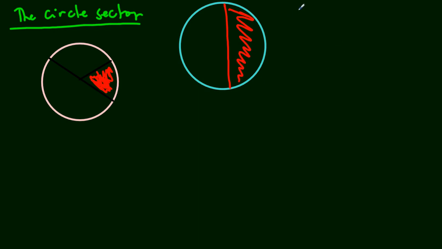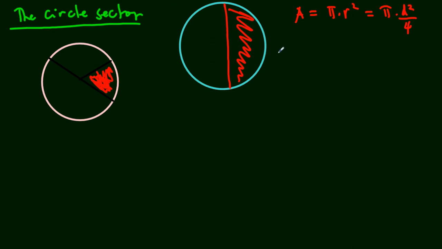So the area of a circle is equal to pi times the square of the radius, or pi times the square of the diameter divided by 4. That's the area of the whole.